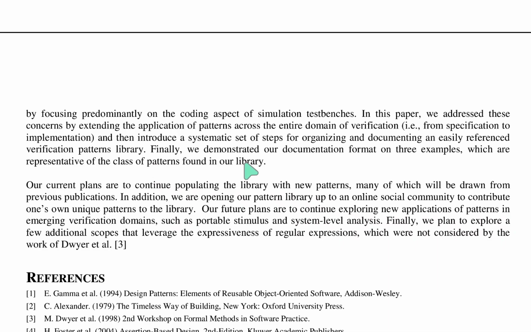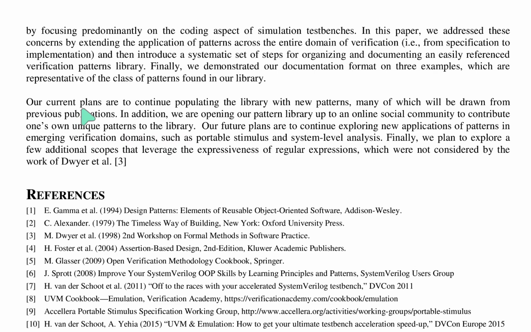Finally, we demonstrated our documentation format on 3 examples, which are representative of the class of patterns found in our library. Our current plans are to continue populating the library with new patterns, many of which will be drawn from previous publications. In addition, we are opening our pattern library up to an online social community to contribute one's own unique patterns to the library.